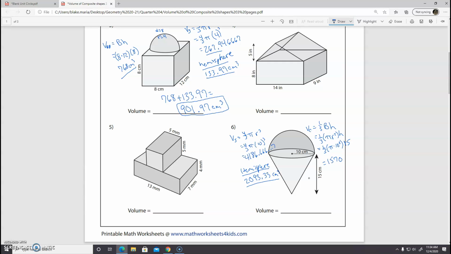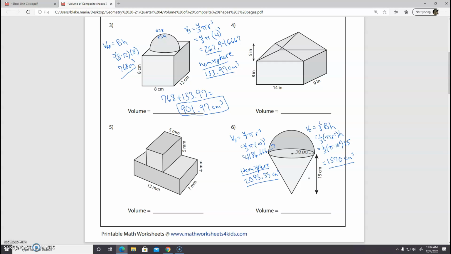It actually wound up being nice. Didn't think it was going to be nice. So again, all I did in my calculator was pi, 3.14, times 10 squared, times 15. And then again, we want 1/3 of that, so we're going to divide by 3. Okay, so 1,570 centimeters cubed.